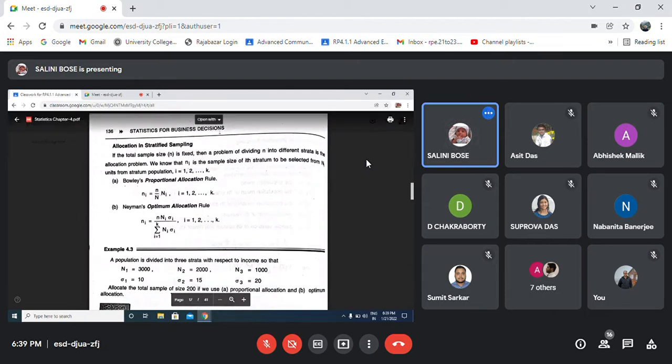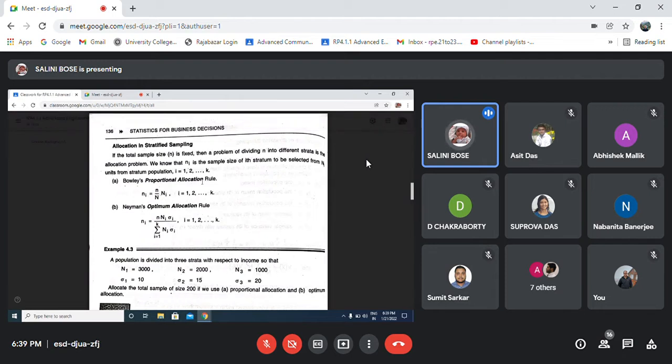Now, how will your stratified sampling be allocated? If the total sample size n is fixed, then the problem of dividing n into different strata is the allocation problem. To solve this problem, there are two different ways of allocation.